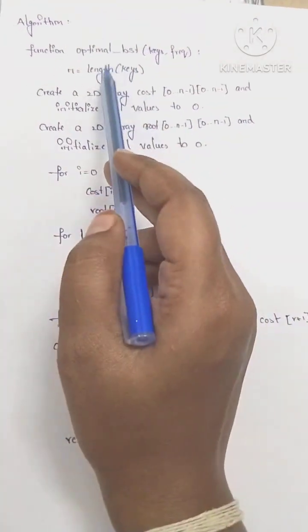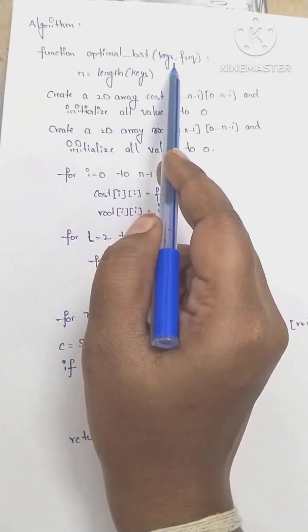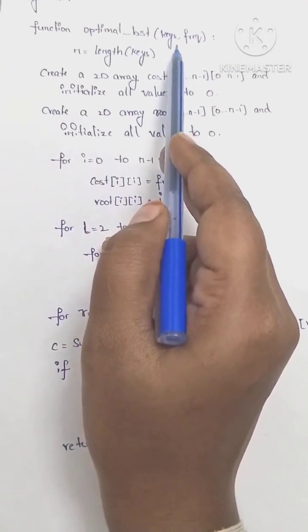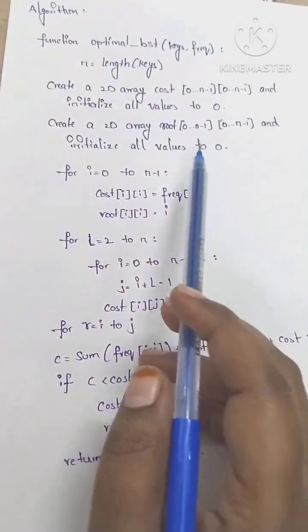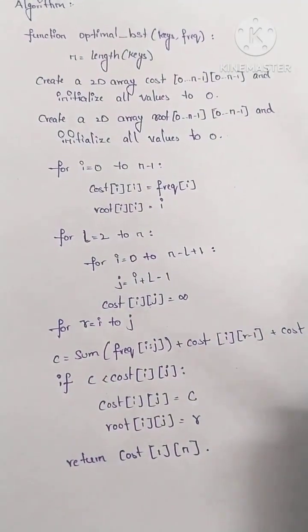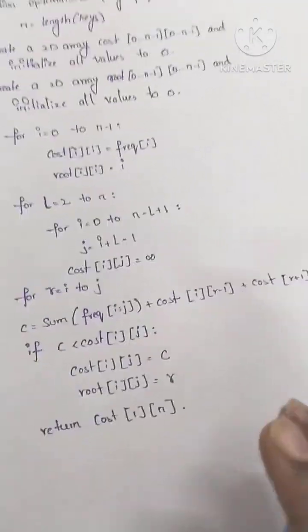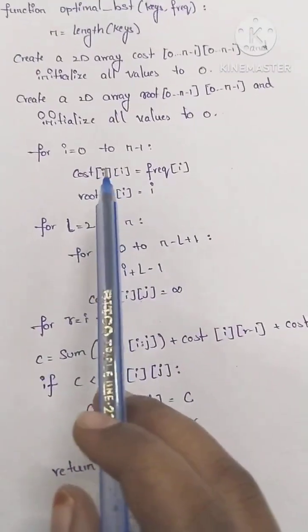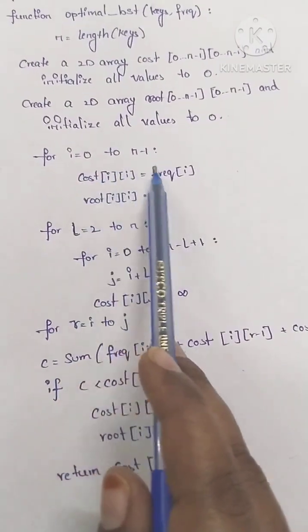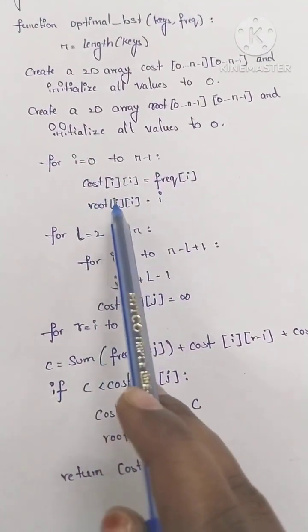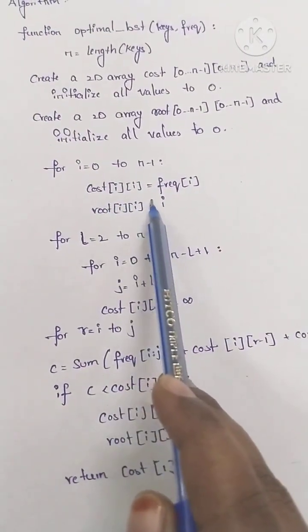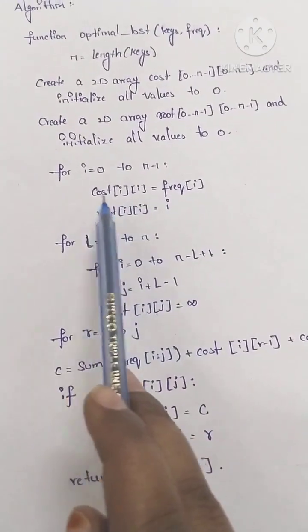Firstly, we are taking the optimal binary search tree function, which takes two parameters called keys and frequencies, and we create 2D arrays with names cost and root. Here we are running a loop from I equal to 0 to n minus 1. If the I values are same, then their frequency equals its cost.